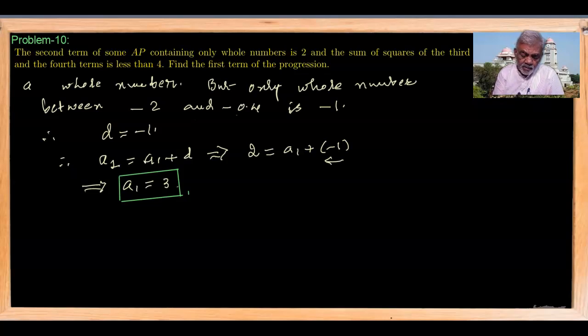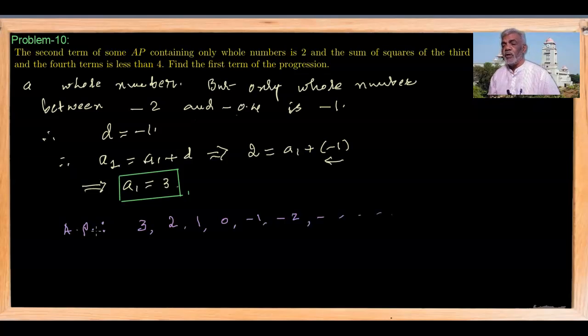The AP is 3, 2, 1, 0, minus 1, minus 2, and so on and so forth. So the AP consists of only whole numbers, and A1 is equal to 3 with all the given conditions. We have got the solution: A1 is equal to 3 only.